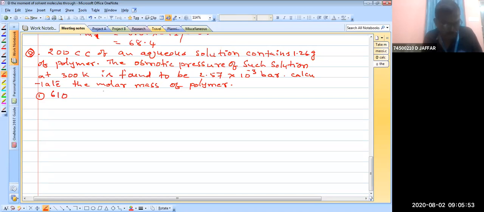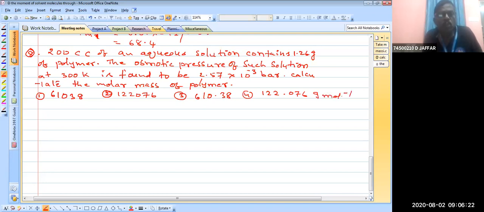Number 2, 122,076 gram per mole, right? Number 3, 610.38 gram per mole. Then fourth one is 122.076 gram per mole.